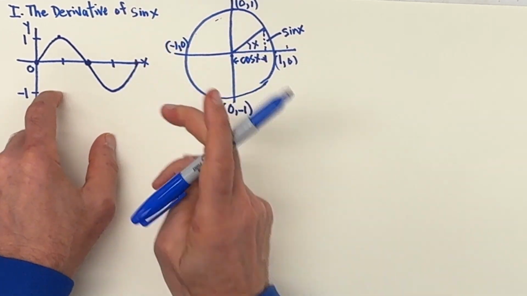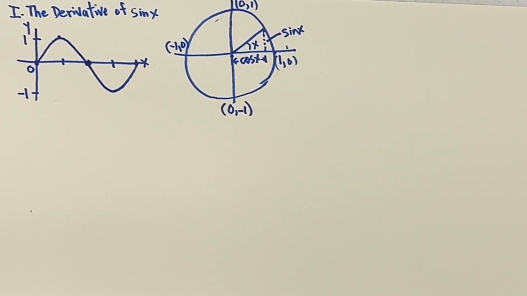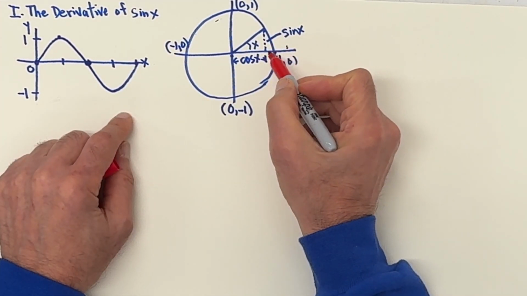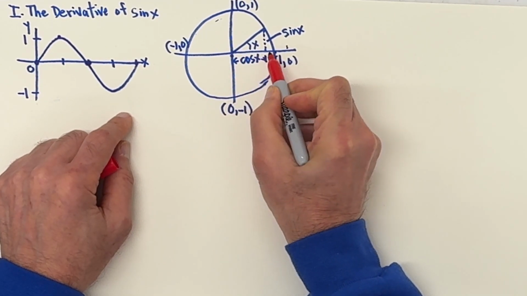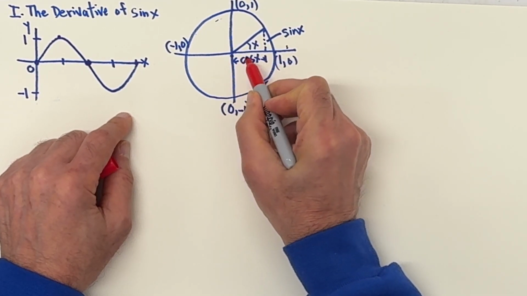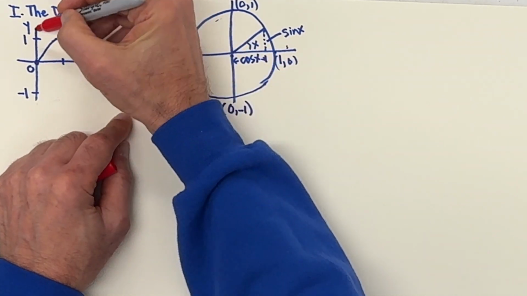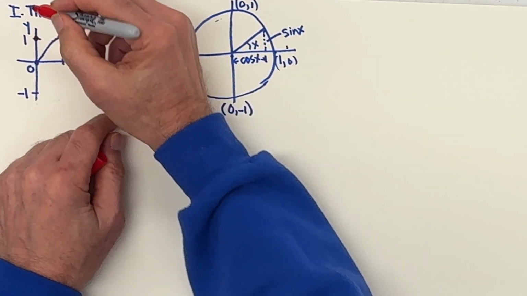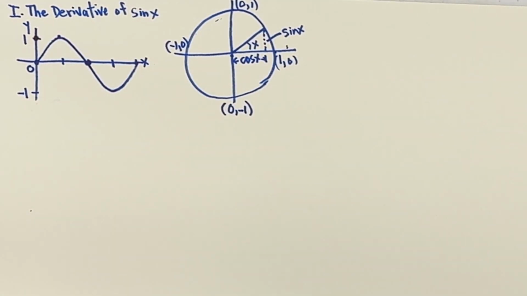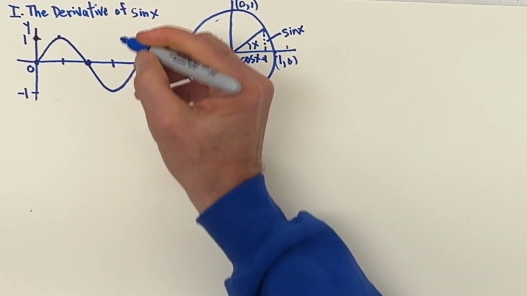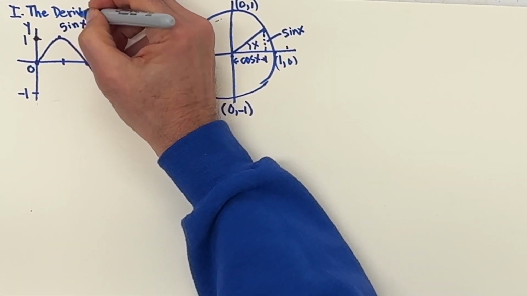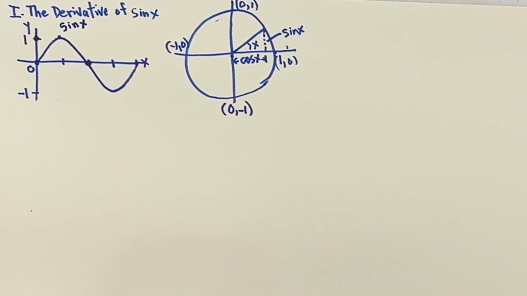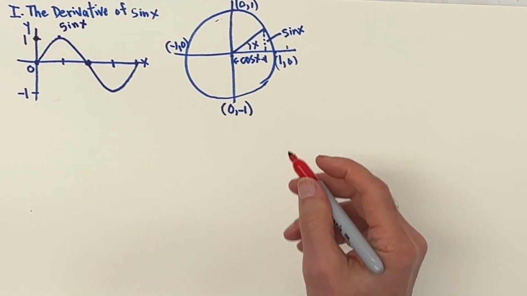Now let's look at the cosine while we're at it. For the cosine, when x is 0, the vertical is 0, but the horizontal is 1. So you start up here. Now let's label this one here the sine of x in blue, and we'll put the cosine here in red.